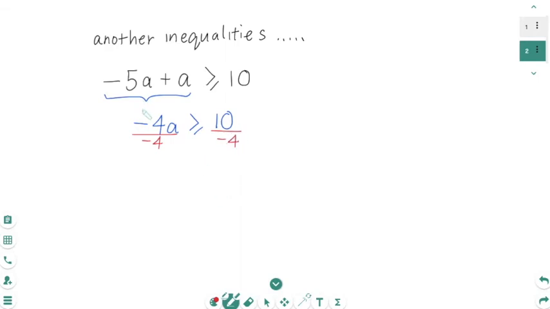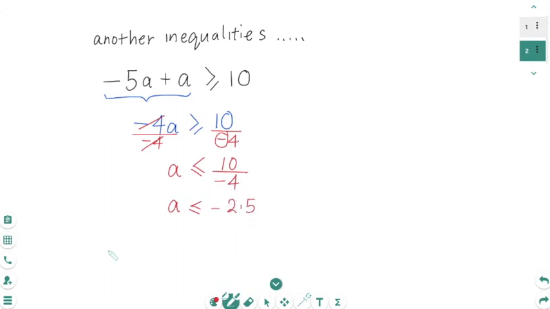When I do that, just note that if I divide both sides by a negative number, I have to change my inequality sign over. So that means a will now be less than or equal to -2.5.